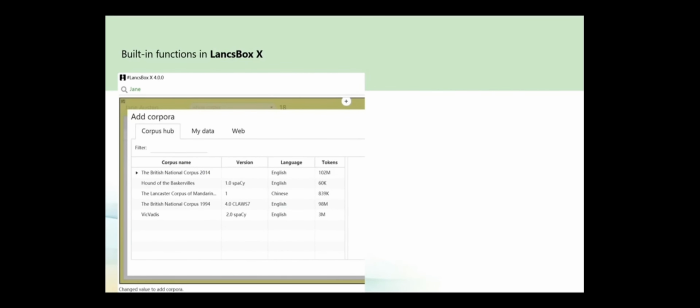As of this writing, 5 built-in corpora were freely available in LanguageBox-X, for example, as you can see on the screen, the British National Corpus 2014. Users can also easily load files in a wide variety of formats, such as Word, PDF, and text documents, without the need to change any of the import options.